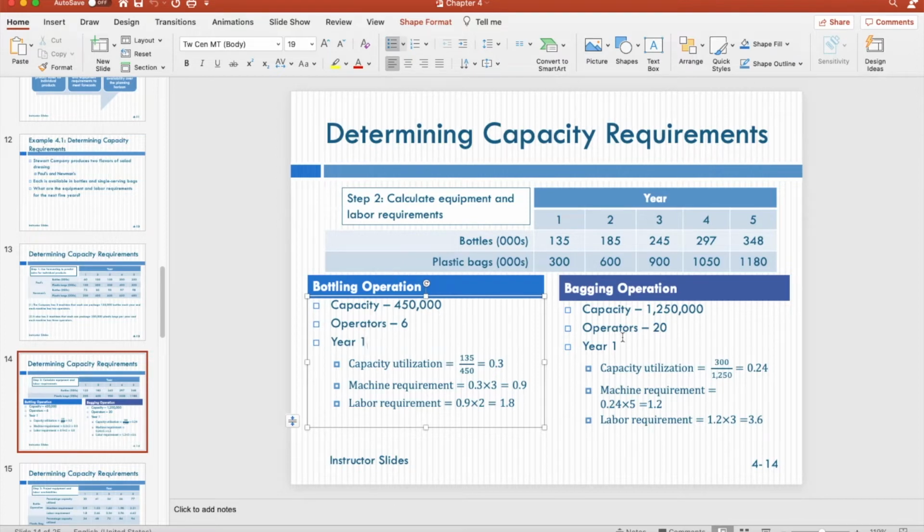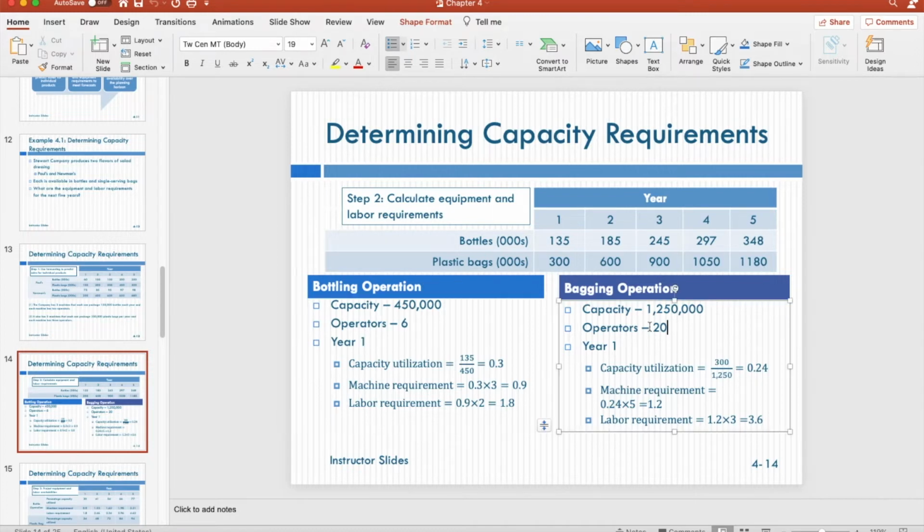The same calculation procedure can be used to figure out the capacity realization, machine requirement, and labor requirement for producing plastic bags in year one, year two, year three, year four, and year five.